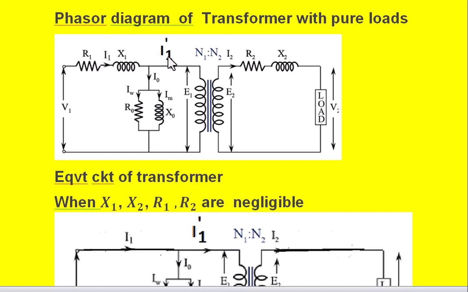Here the primary current I1 dash corresponds to the secondary load current I2, and N1 is the number of turns on the primary winding, and E1 is the induced EMF in the primary winding, and N2 is the number of turns on the secondary winding, and E2 is the induced EMF in the secondary winding. R2 is the resistance of the secondary winding, and X2 is the leakage reactance of the secondary winding, and a general load is connected, and the voltage across the load is called V2.